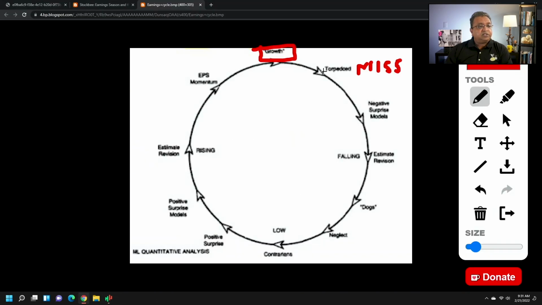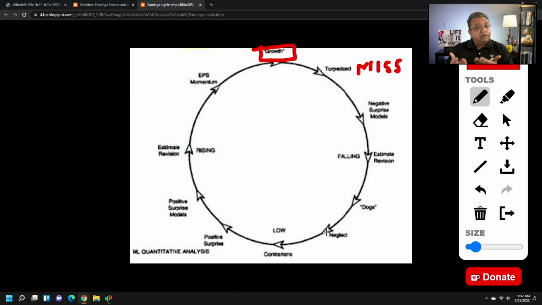When a company misses earnings, it starts going down. Typically, if there is a fundamental problem in their business, then it keeps missing the earnings, and as a result it keeps falling, and at some stage it becomes a neglected stock. That means nobody pays attention to this particular stock.